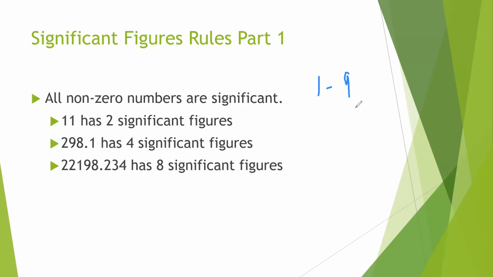They're all significant. So like 11, both of those ones are significant. So we have 2.298.1, all 4 of those digits are significant. So we have 4. This big number, 22,198.234, they're all significant. So we have 8.